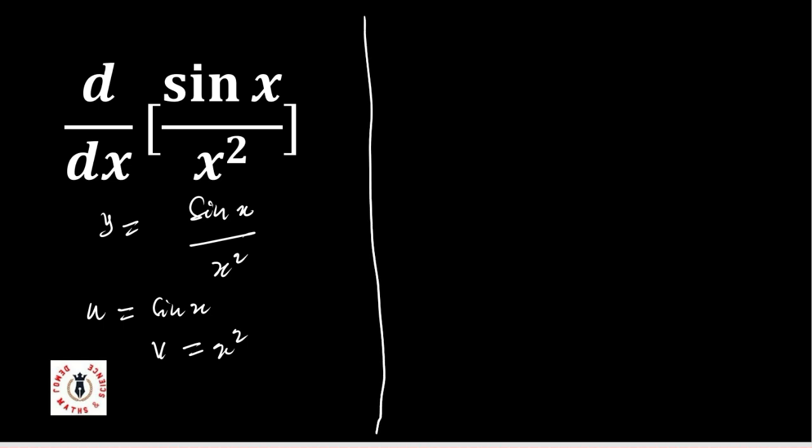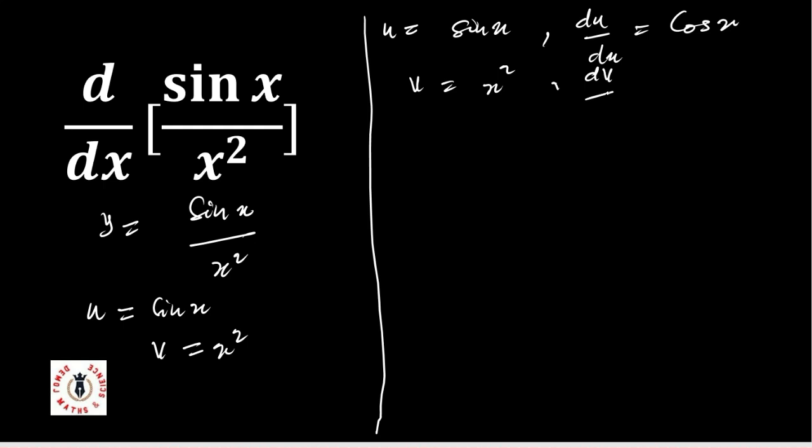If u is equal to sine x, obviously your du dx will be cos x. And if v is equal to x squared, our dv dx will be 2x. Remember that if y is equal to a x raised to power n, our dy dx is a n x raised to power n minus 1.